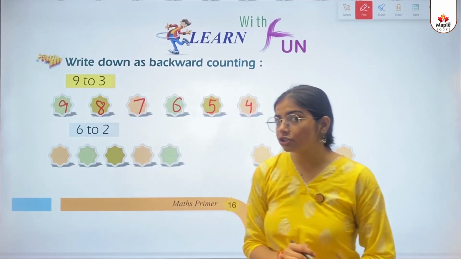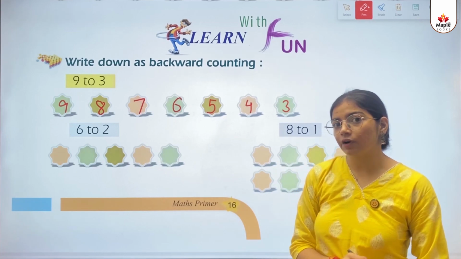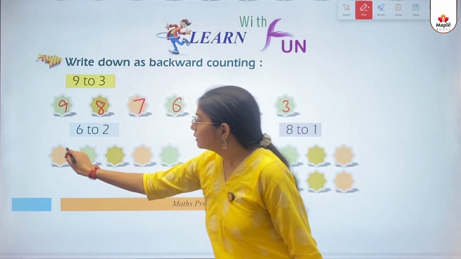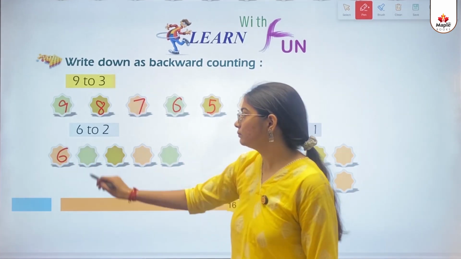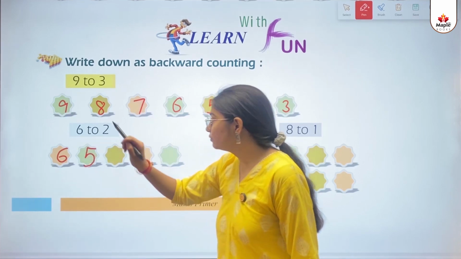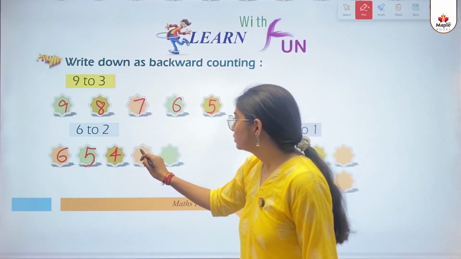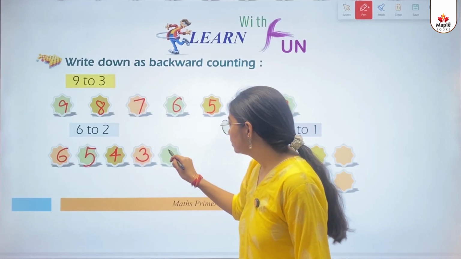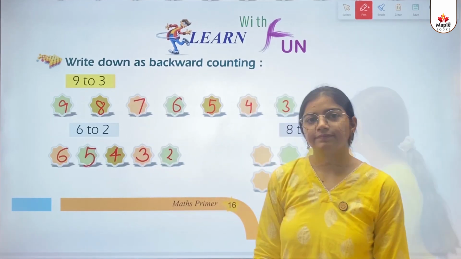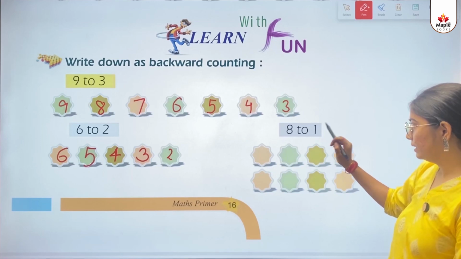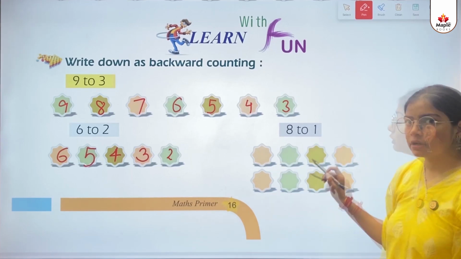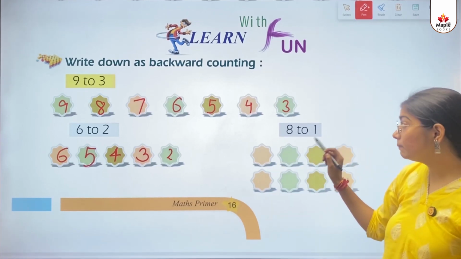From which number will we start? We will start from 6. 6, 5, 4, 3, 2. Then in the last one, 8 to 1. From which number will we start? From 8.